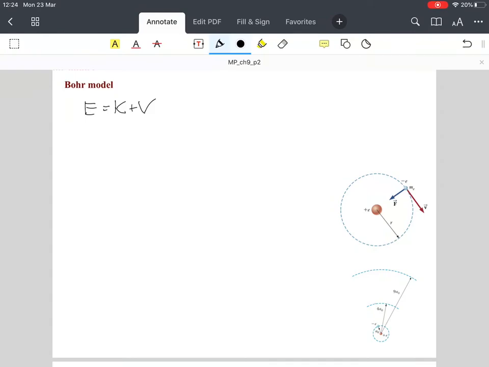This is a non-relativistic orbit of the electron, where v is the orbital speed, and so the kinetic energy is just 1/2 mv squared.